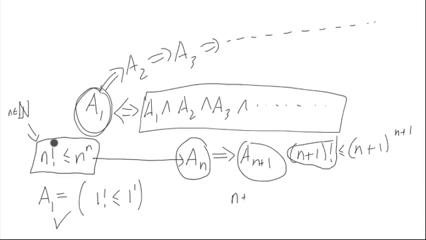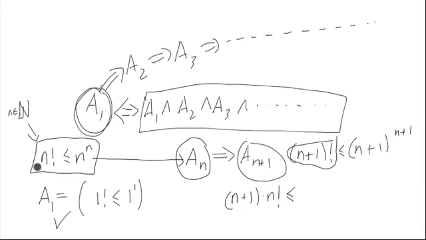So where is n factorial inside of n plus 1 factorial? Well, we can think of n plus 1 factorial as simply n plus 1 times n factorial. There it is. Then we put a less than or equal to, and then think about this.